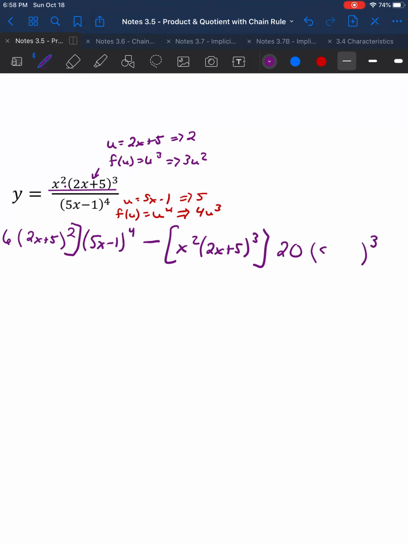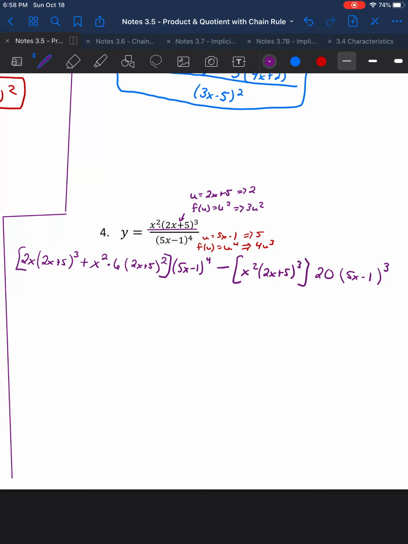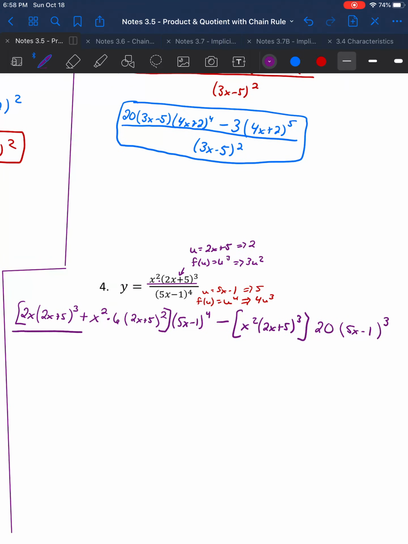But in order to take the derivative of my denominator, I need another u. And I'm going to take the derivative of each of those. And I'm going to multiply that together, so that makes 20u cubed, and u was 5x minus 1. All of that over the denominator squared.